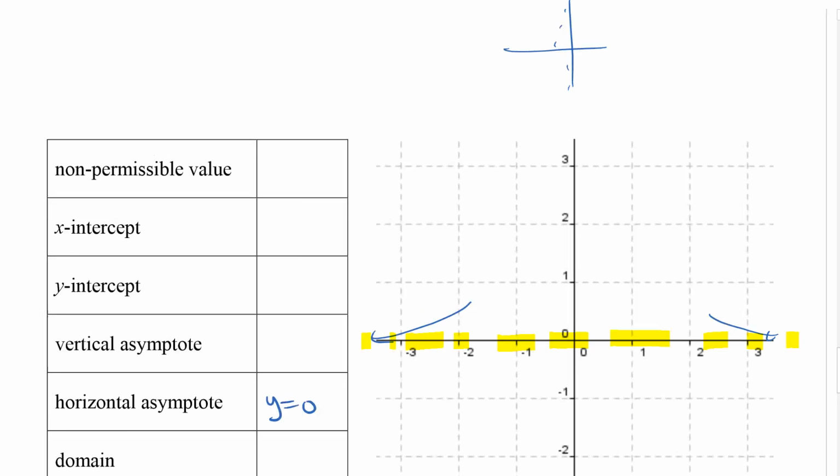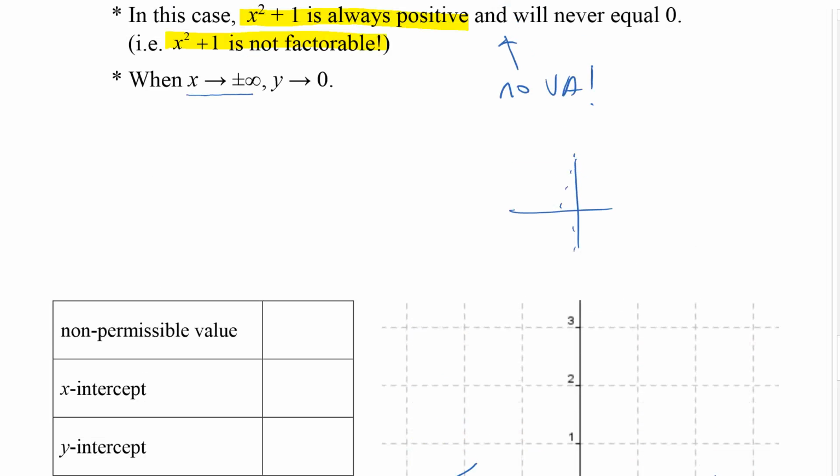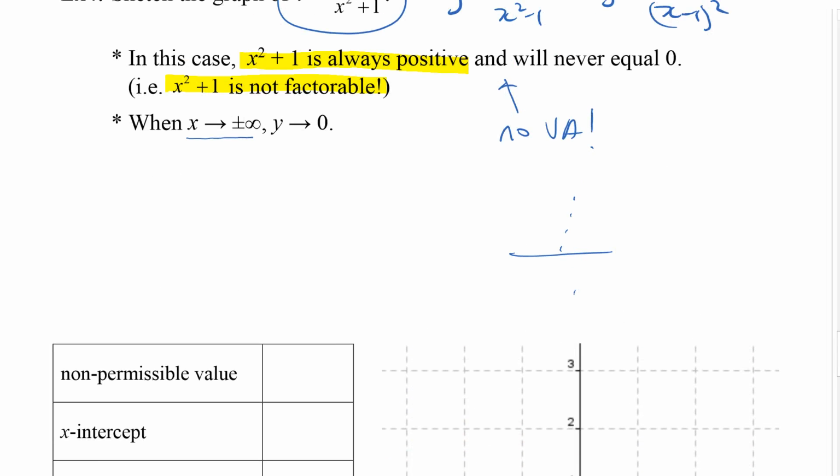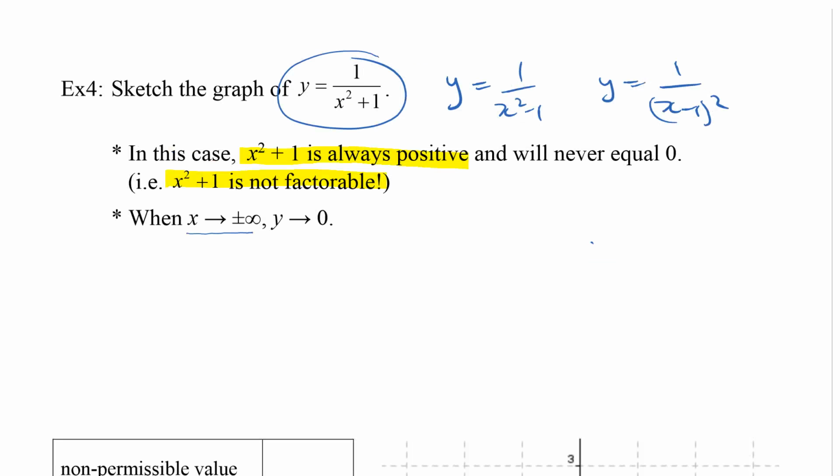So let's do a quick table of values and try this out, and just pick a few numbers here. So we'll do an x here, and we'll do a y, and let's pick some large negative, like a negative 100 to begin with.